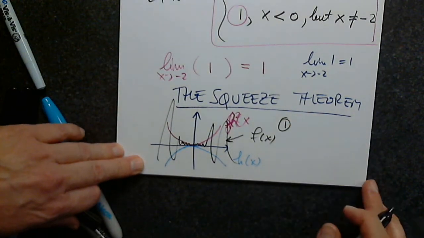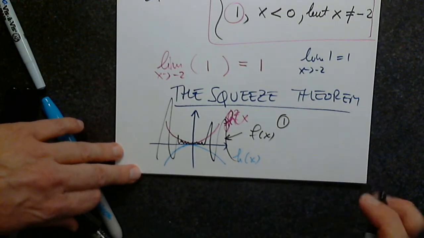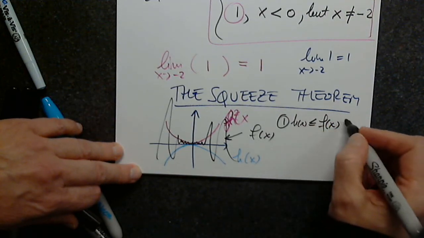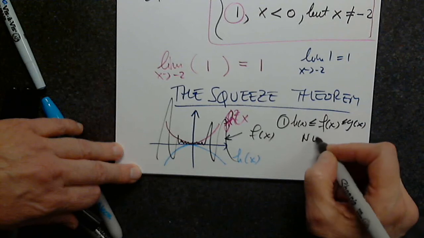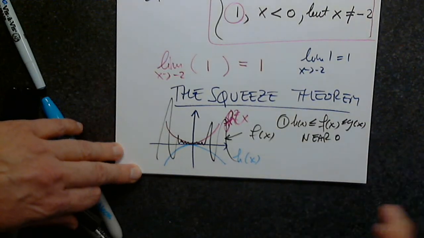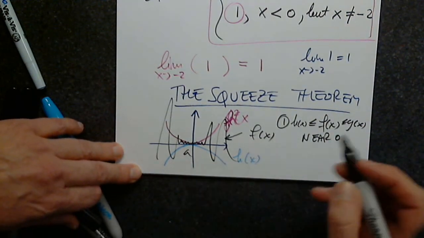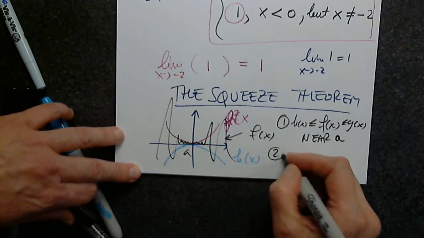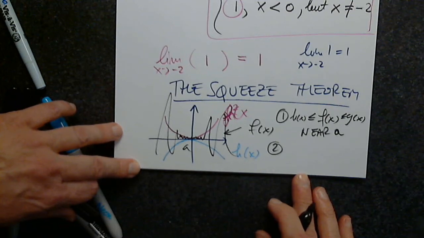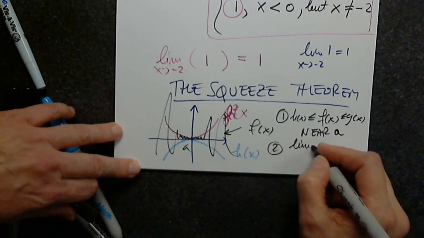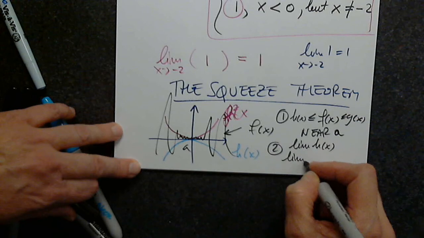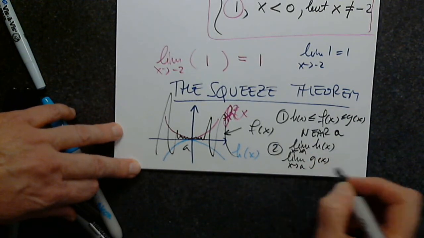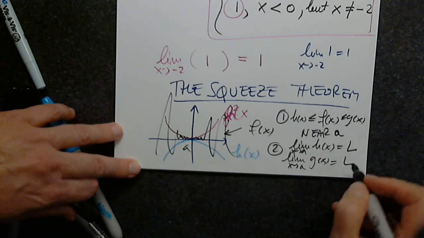The first hypothesis of the theorem is that f of x is squeezed between h of x and g of x near 0, or near a. If this is just the number a, it doesn't matter, near a. The second hypothesis is that the limit of h of x and the limit of g of x, when x approaches a, of course, in both cases, is the same number.